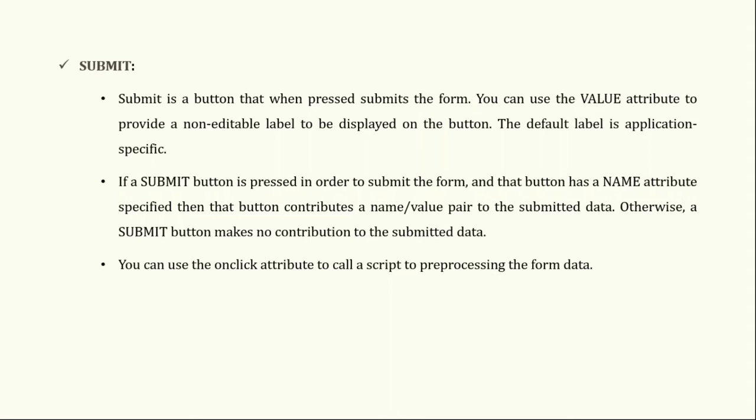But if you want to do something before submitting the data, that means a user clicks on the button and you want to validate your data before submitting to the server, you need to write a script and call that script on the click event of that particular button.